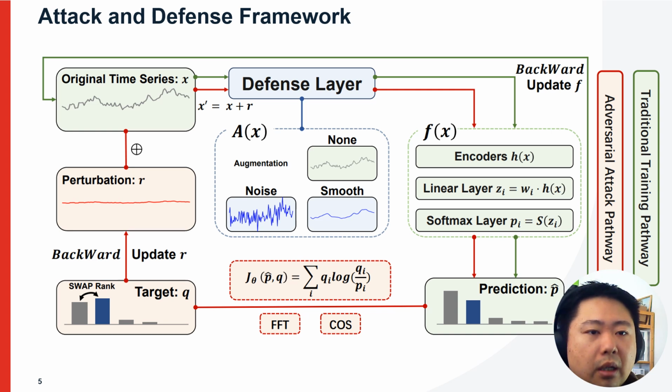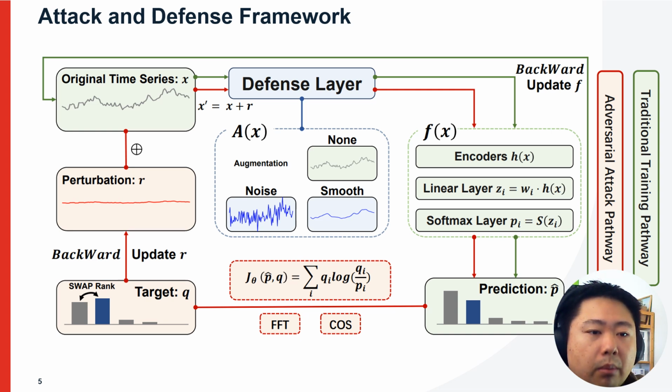And following the passage through the softmax layer, the cross entropy between the predicted and the actual labels is computed and backpropagated. In adversarial attack, the objective is to minimize the cross entropy between the predicted distribution and the desired distribution, a concept derived from Dong's paper, 2023, which involves swapping the labels of the highest and the second highest probabilities.